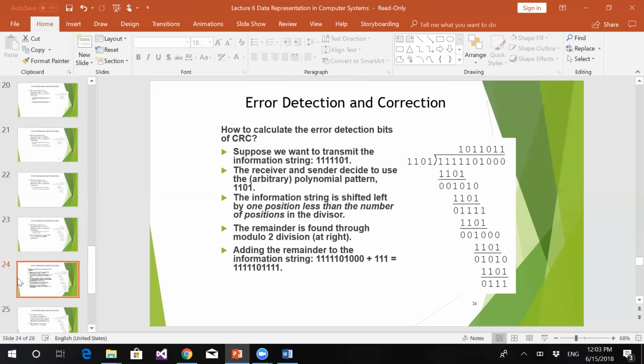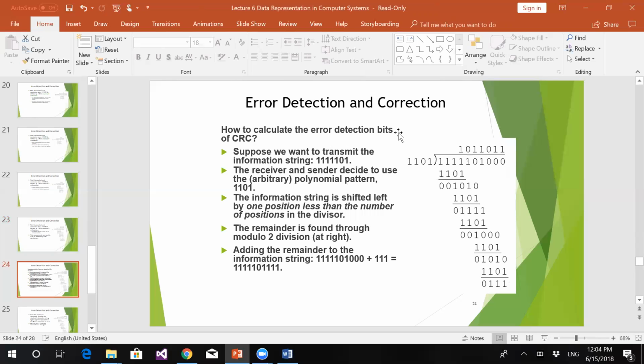Okay, so before this slide, we were talking about some basic modulo 2 arithmetic, including the adding, the dividing, and the subtraction. From slide 24, we start to talk about the CRC code, how to calculate the error detection in CRC code. For CRC code, we also need to calculate out the error detection bits.